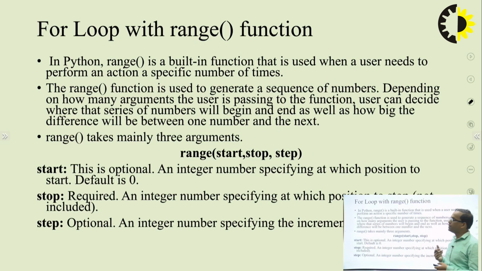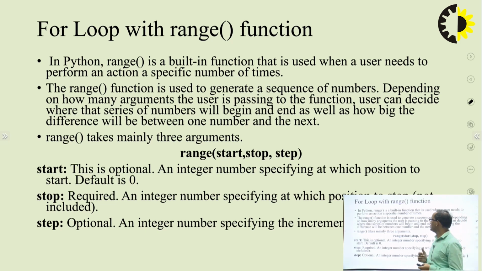Next, the second use of the for loop is with the range function. Range function has certain parameters. In Python, range is a built-in function that is used when a user needs to perform an action a specified number of times.